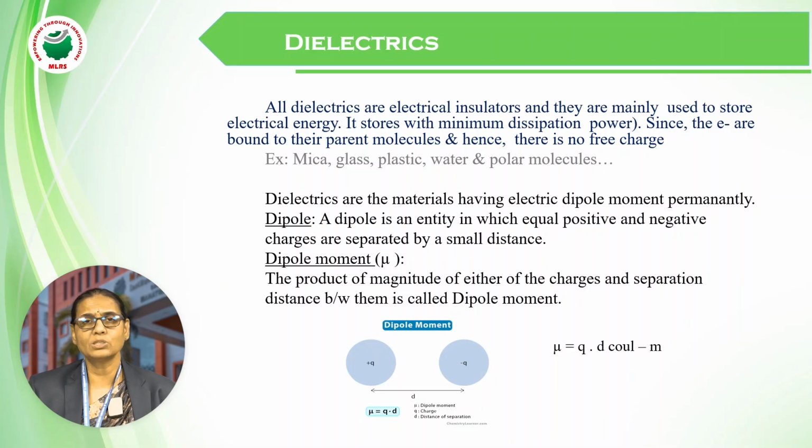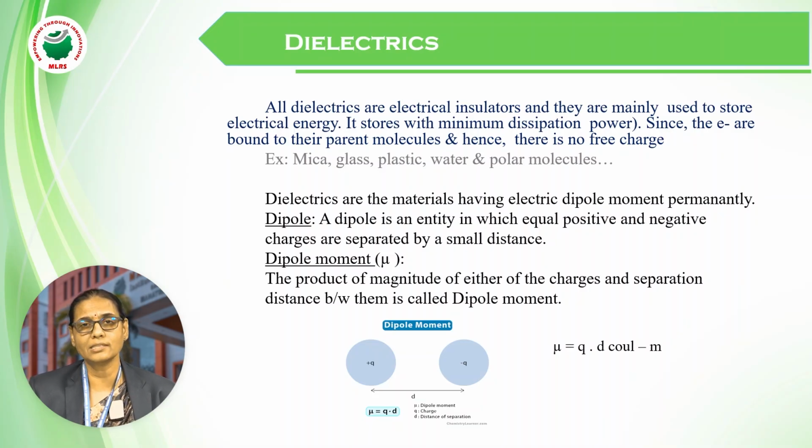The examples are mica. Mica is one of the best examples of a dielectric material. Or, to make it more familiar, you are constructing a wall. In the construction of a wall, we are using bricks. To bind one brick with the other brick, we are using cement. So here, the cement is acting as a binding material between the two bricks.